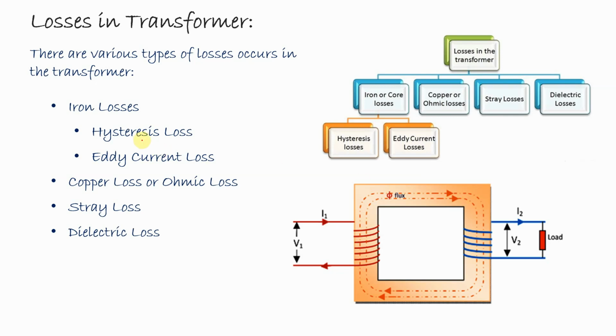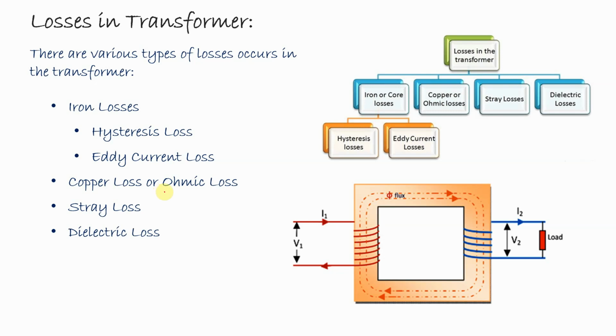For this hysteresis loop, due to magnetization and demagnetization of the core material, some losses occur, which is considered the hysteresis loss. Similarly, the eddy current loss is also developed in the core of the transformer.